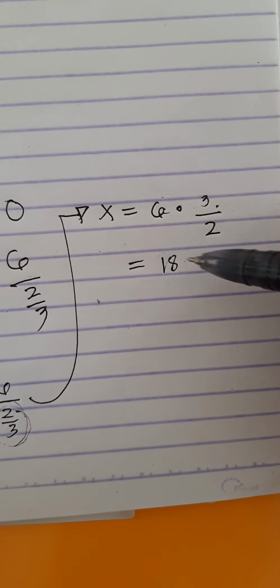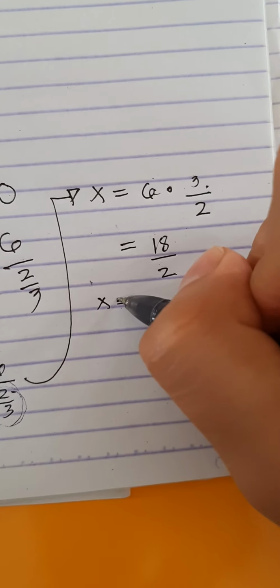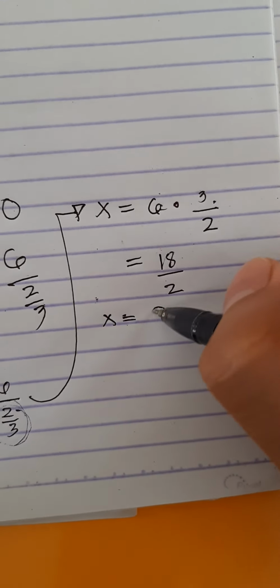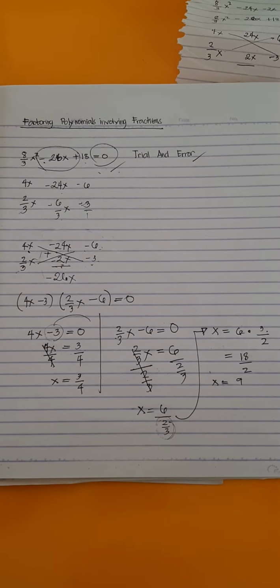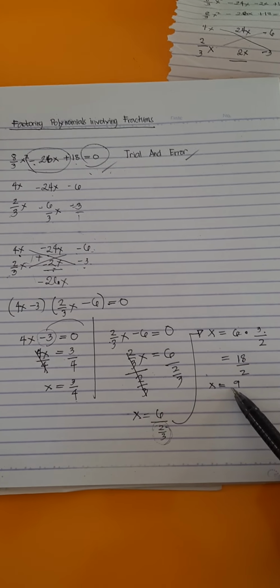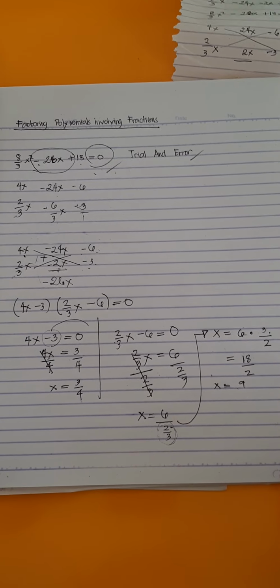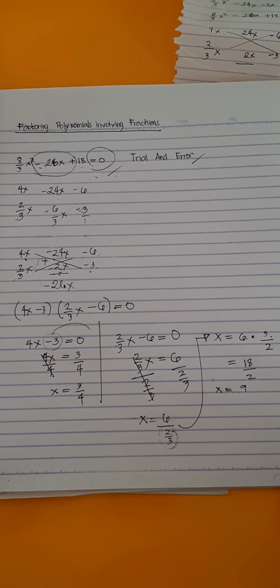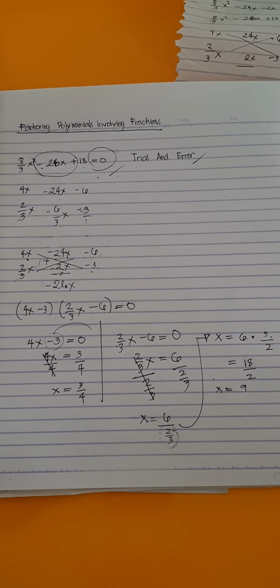So we have 6 times 3, 18 divided by 2. So x now is equal to 9. Very good. So we now have the values of x, or the roots of this equation: 3/4 and 9. Can you follow? Okay, very good.